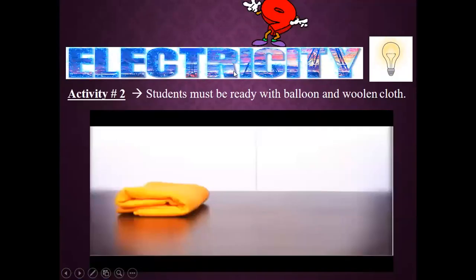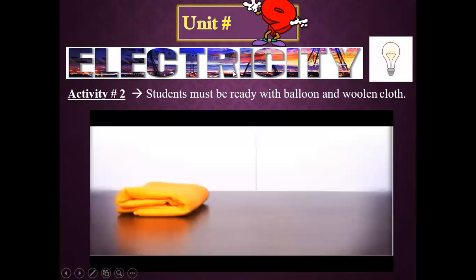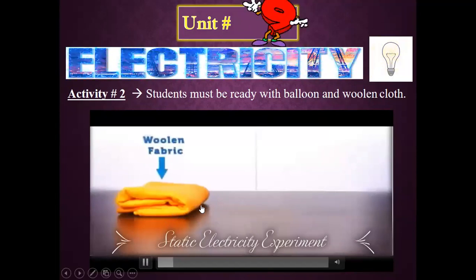So students, now there is an activity that will help you learn how electrostatic induction is produced in uncharged particles. We have a woolen cloth, a balloon, and rough shreds of paper.